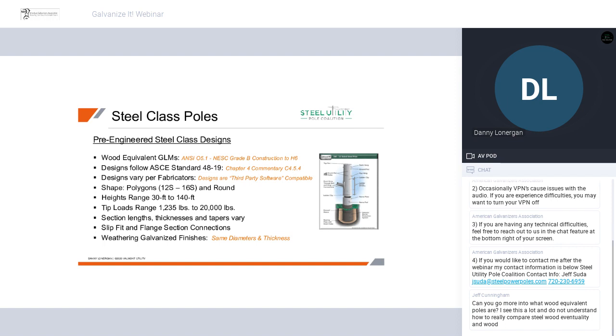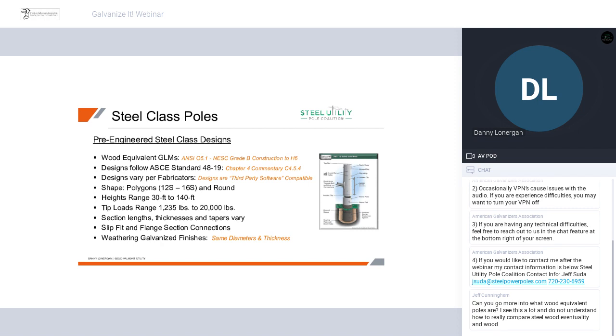So that's where there is variation and a little standardization in the business. But ultimately, you see various designs in the marketplace of various tip load capacities. The one item that does have some governance, which has shaped, if you will, pre-designed structures, is back to RUS 214 that I mentioned previously.